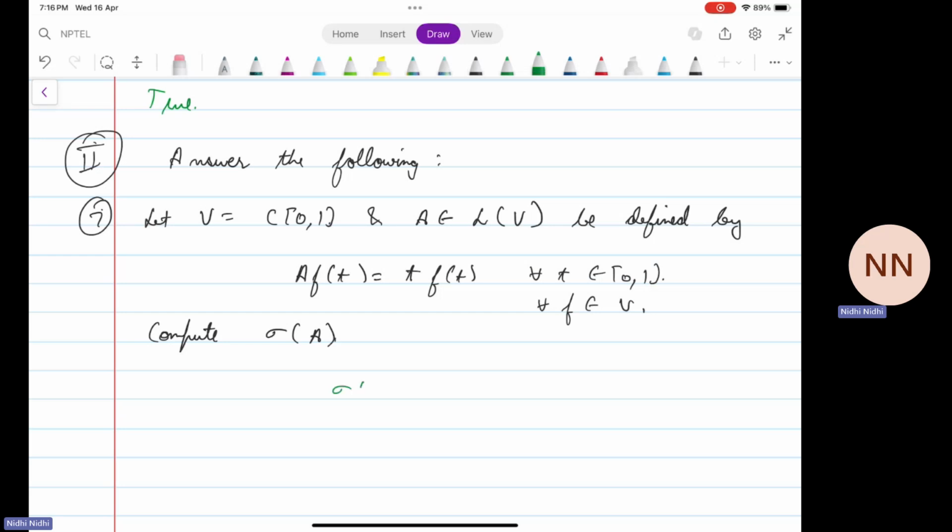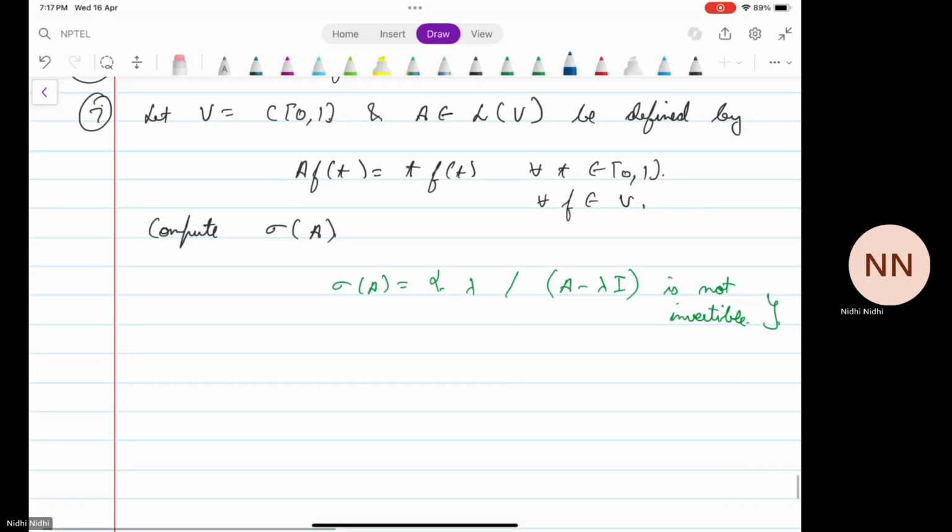First, let's recall the spectrum of A is the set of all those scalars lambda such that A minus lambda I is not invertible. Explanation.